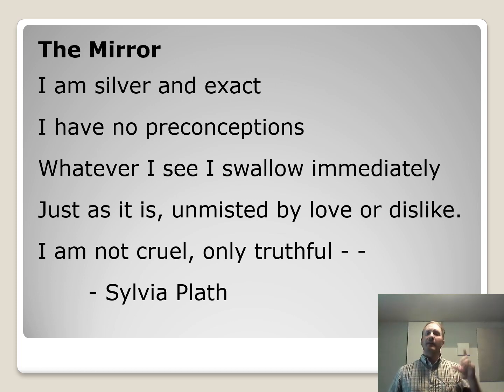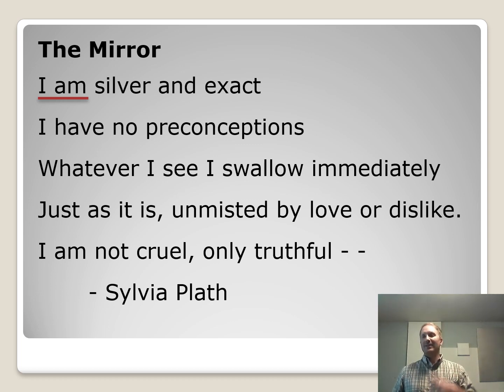If you said Plath is talking about a mirror, you're absolutely correct. Now, the hard part here, where is the personification taking place in the poem? Anytime you hear an object talking, I am, we have personification because a mirror can't talk. So I am is personification.